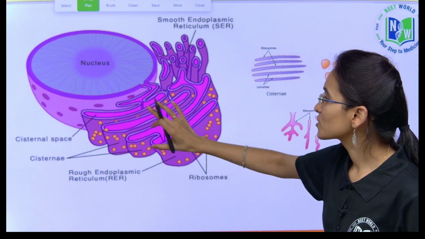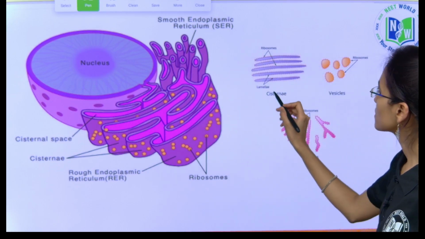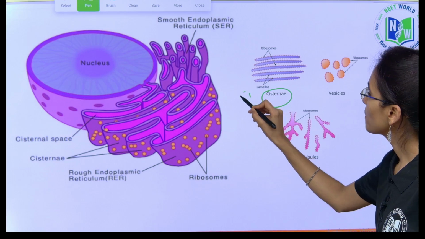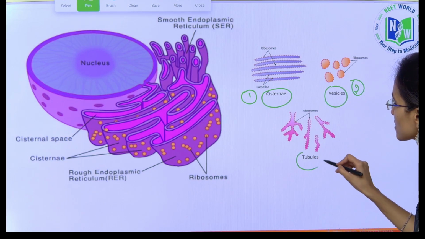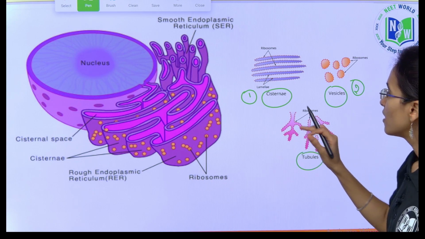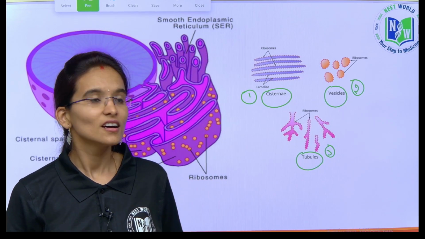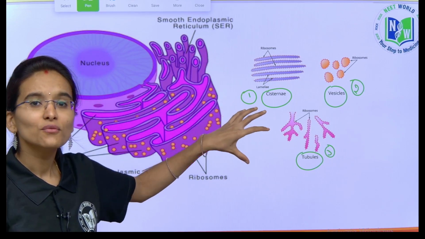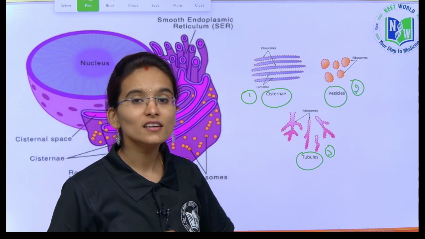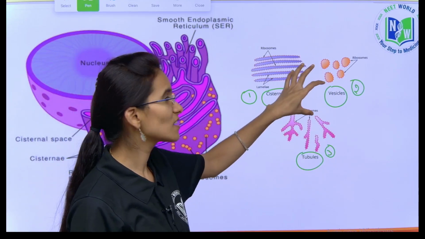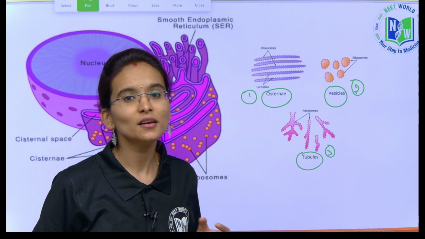If we see the structure of this endoplasmic reticulum, we have three different types of structures: cisternae, vesicles and tubules. Cisternae are structures which are very flat in nature, and vesicles are structures which are somewhat circular in nature, and these are membrane bound, involved in storing proteins.